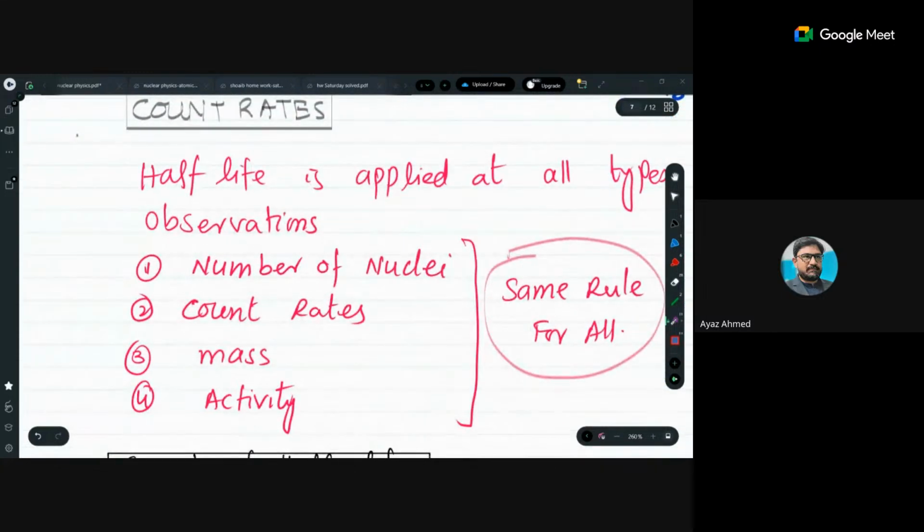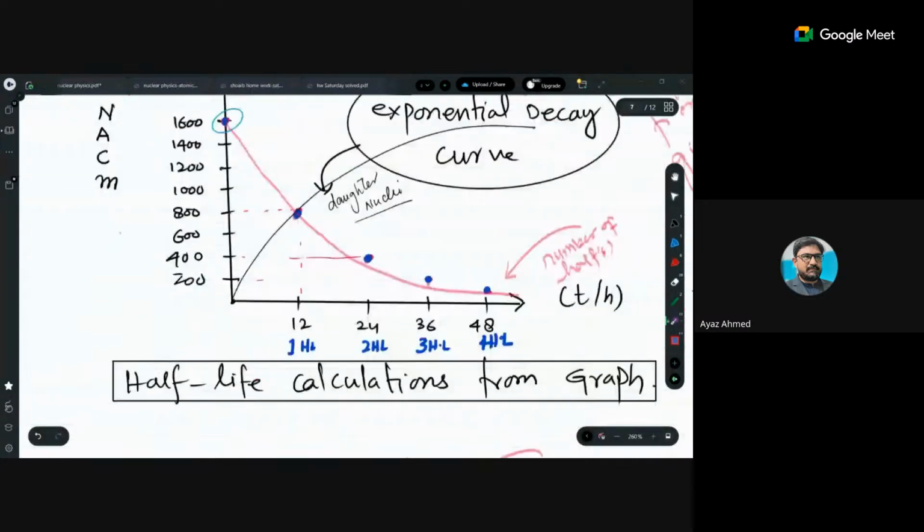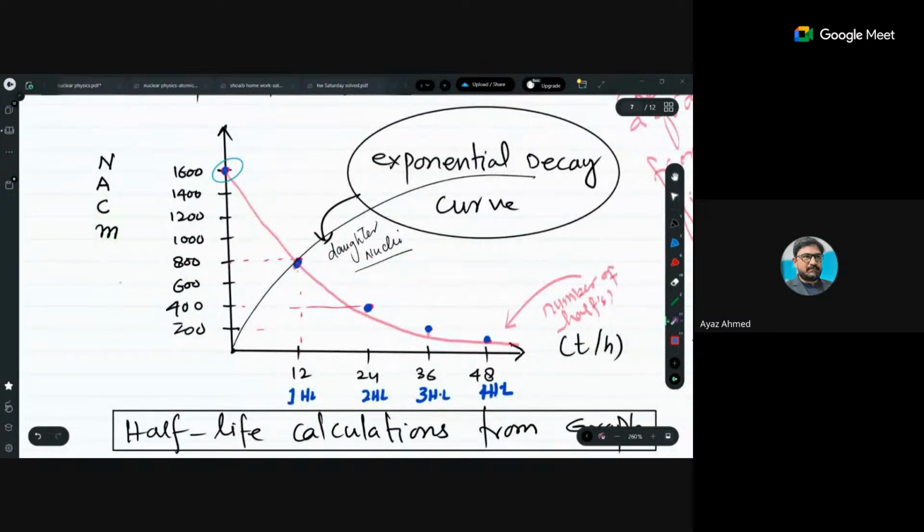Half-life can be applied to all these variables, for example number of nuclei, count rates, mass, activity. Everything gives you the same result, and you can calculate everything by the same methods. No issue at all. Sometimes it is asked to calculate the mass, activity, or count rates per second, etc.